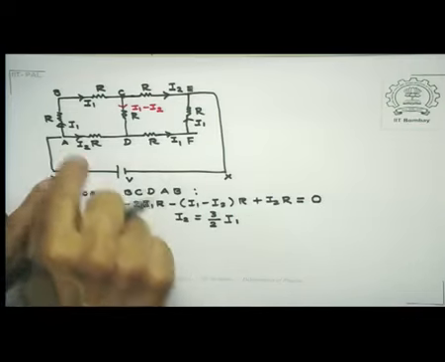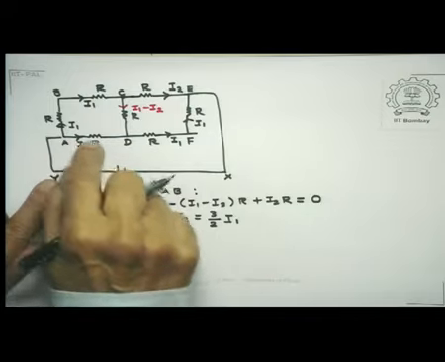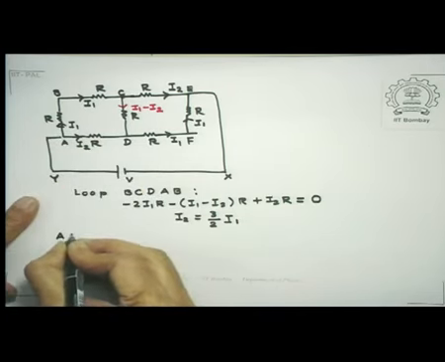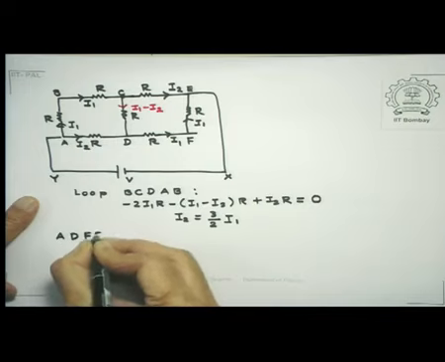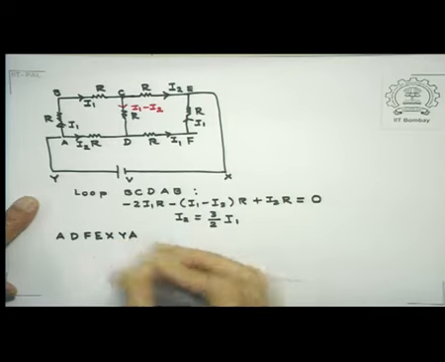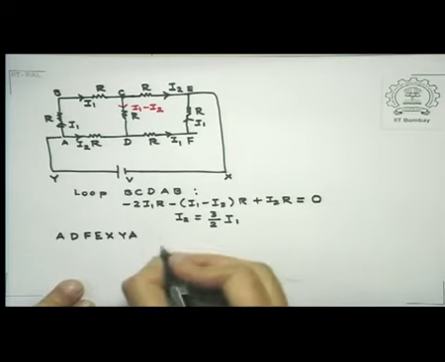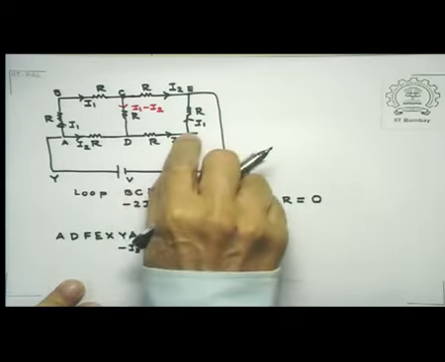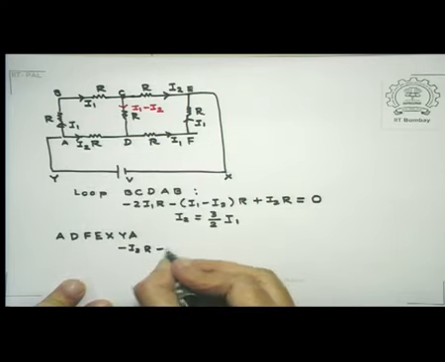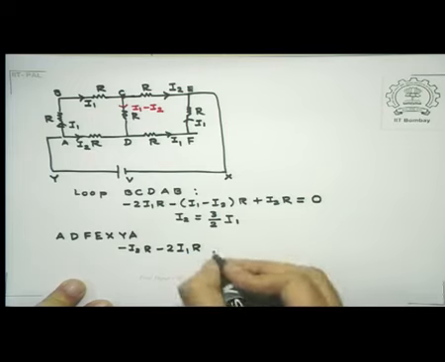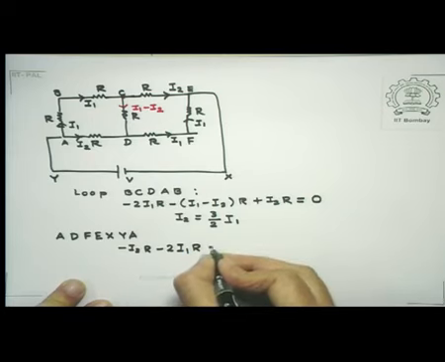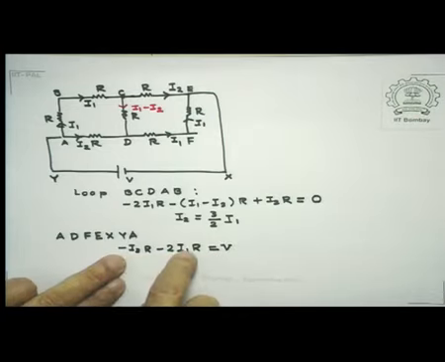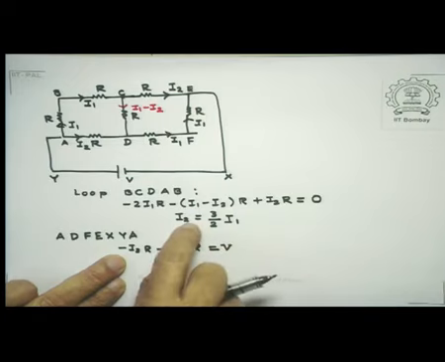So if you look at this loop here, let me specify that loop, A, D, F, E, X, Y, A. So I've got minus I2 into R, then I have got I1R and another I1R, so minus 2 I1 into R, plus V equal to 0, so that's equal to V. So therefore I have I2R plus 2 I1R equal to V, but I already know what is I2.